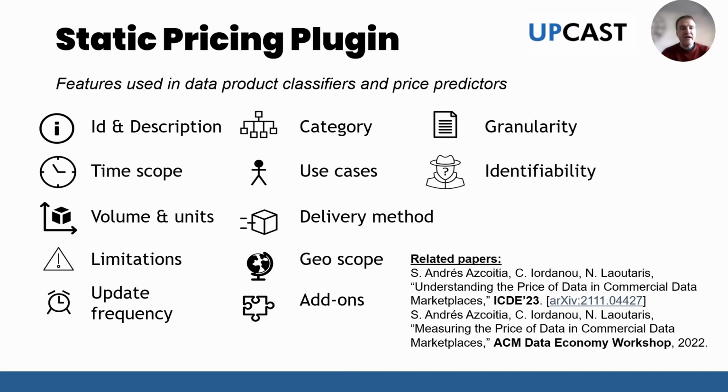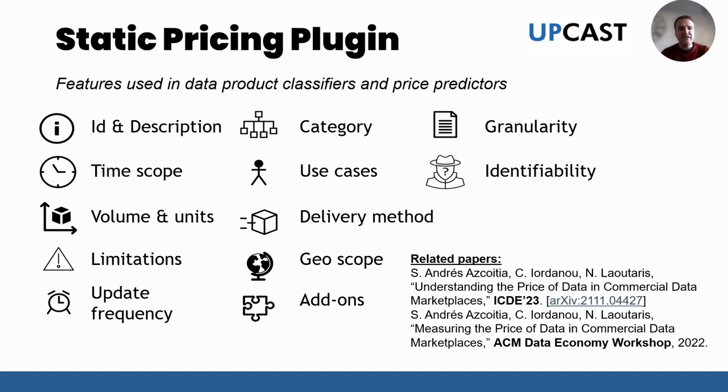Next slide. A data scraping process produced information about 200,000 data products from more than 2,000 vendors and included more than 10,000 price references. Those data price references contain metadata features like the description of the datasets, their time and geographical scope, the units of data they contain, their update frequency, format, or delivery methods.